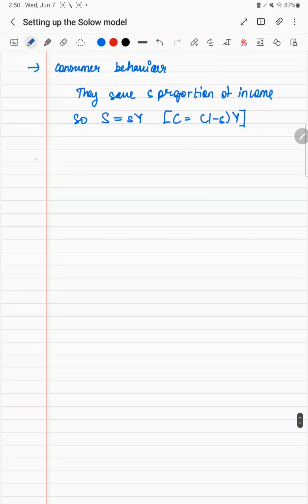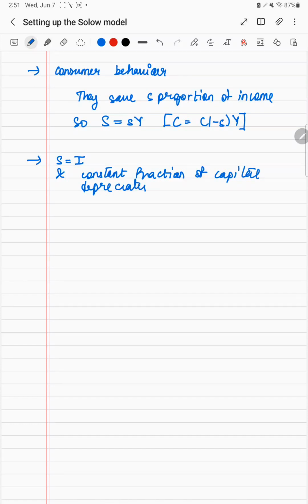The final critical, this is not an assumption actually, this is a result from, again, standard macro, which is that S is equal to I, and a constant fraction of capital depreciates each year.